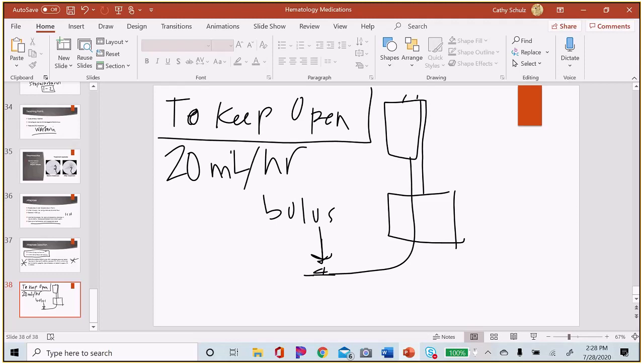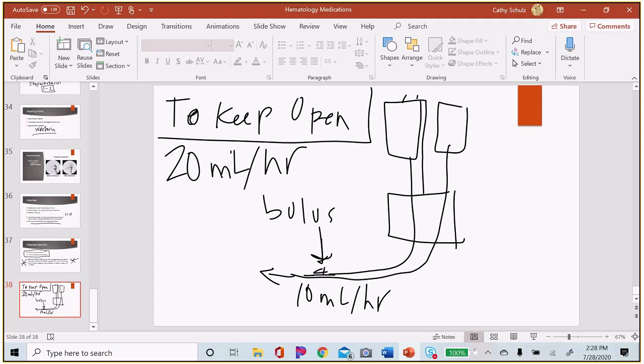So if my heparin infusion ends up being only 10 milliliters an hour, which is entirely possible, then I do need another bag running with it so that I have a to keep open rate. It would have to be compatible, and usually you would put up a small bag of saline. That's not something that will be on the exam. I just want you to know it because it will come up in clinical.